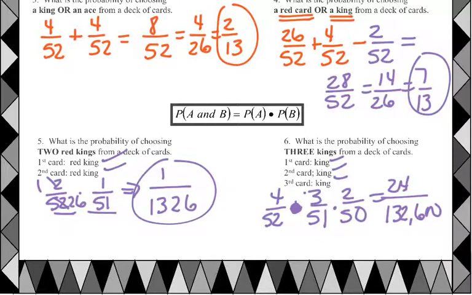And if I reduce that fraction, I'm going to get 1 out of 5525. So use the combinations when you're doing them at the same time, and then one at a time with no replacement, you choose them as different events.